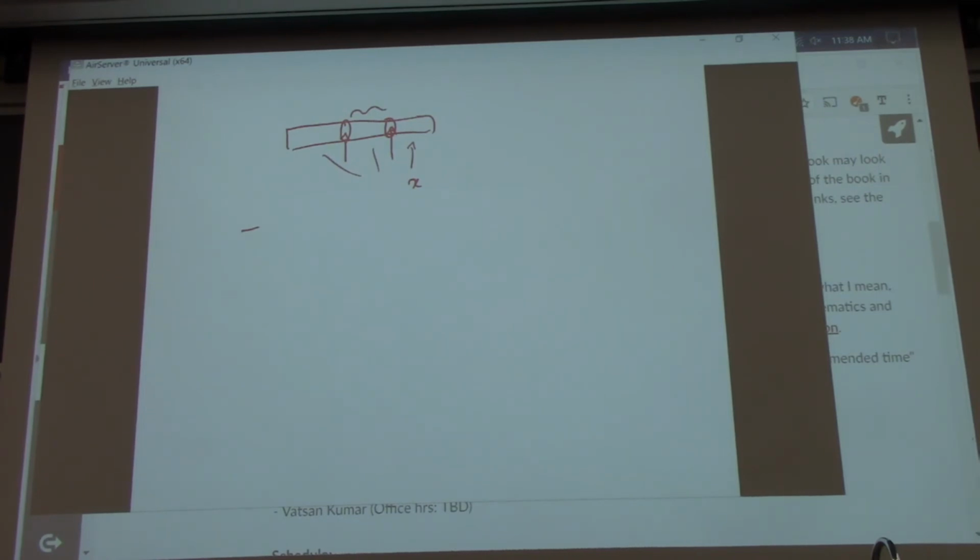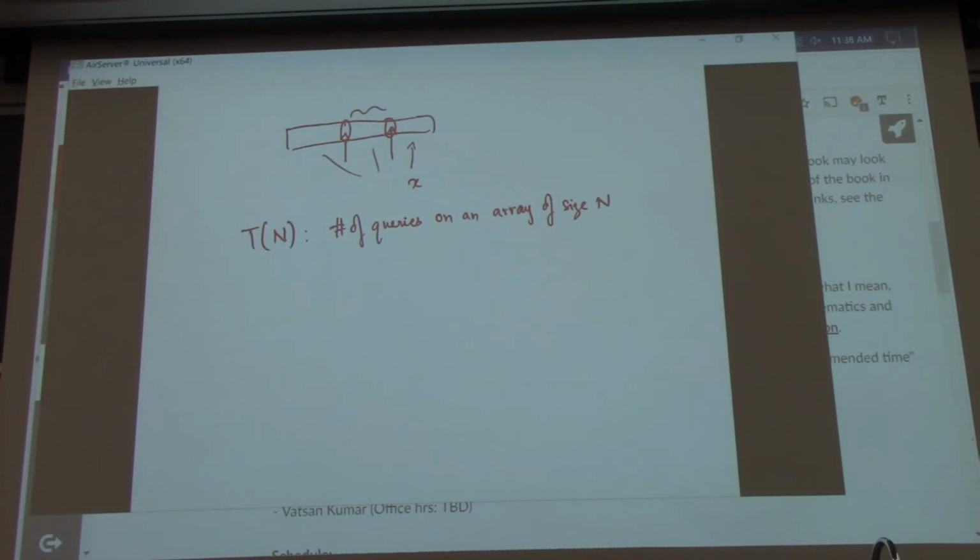Yeah, okay. So let's denote by T(n) the number of queries on an array of size n. Right.